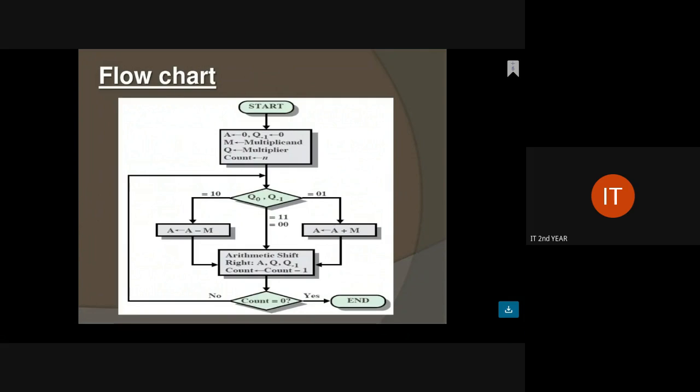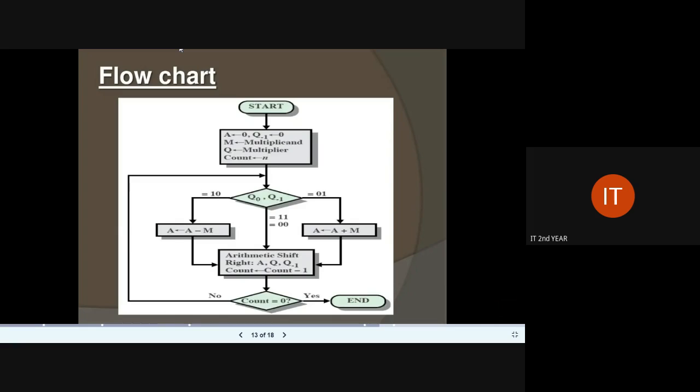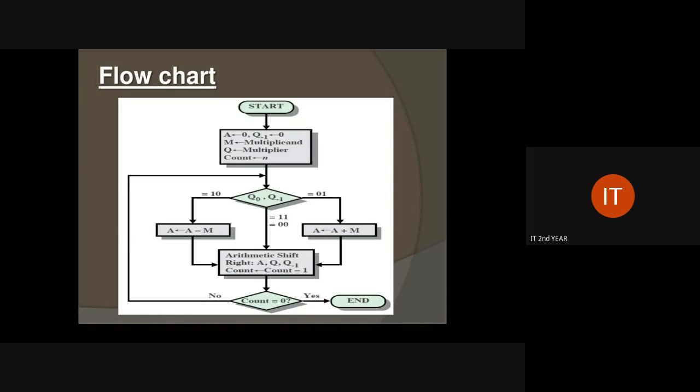You have to remember these four steps and implement them until you get the final count value as 0. When the count value is 0, we will definitely get the product of the given multiplicand and the multiplier.